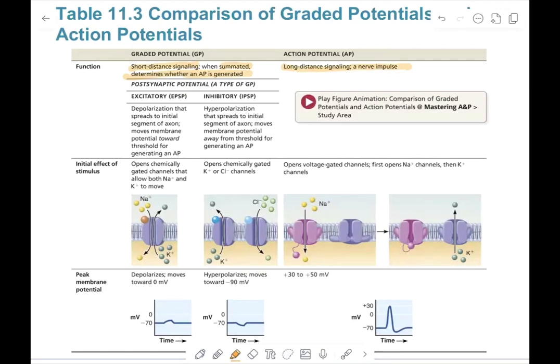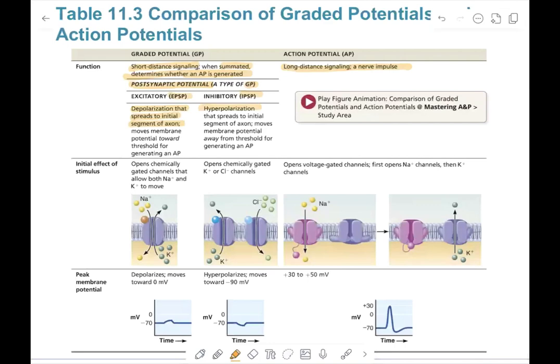When we use postsynaptic potential, it's only referring to graded potentials. If it's excitatory, it depolarizes, spreads to the initial segment of the axon, and increases the likelihood of an action potential. If it's inhibitory, though, it hyperpolarizes the membrane and decreases the likelihood of an action potential.